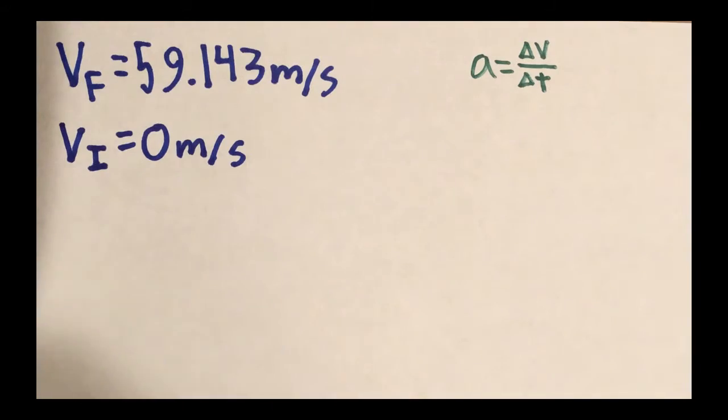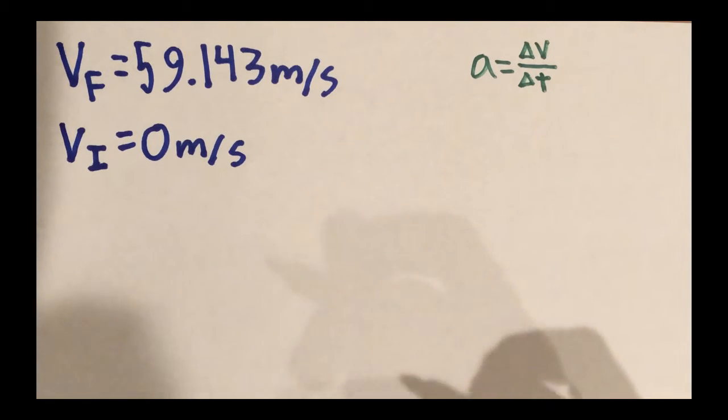Knowing that our terminal velocity is our final velocity at 59.143 meters per second, we can use this to determine our average acceleration in Minecraft. To find delta t, we need to figure out how long it took to accelerate to 59.143 meters per second.